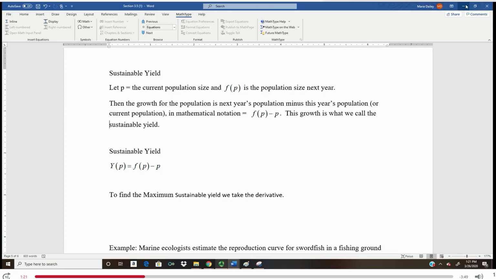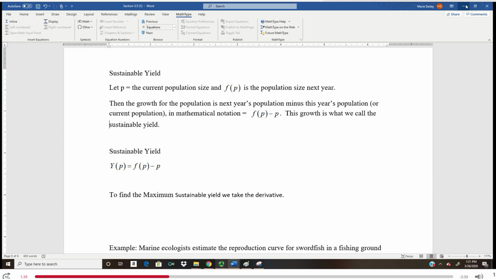Okay, so that's going to be then the sustainable yield, bringing it back down to a more comfortable population size. So this is then how the government would determine how many deer licenses to release.